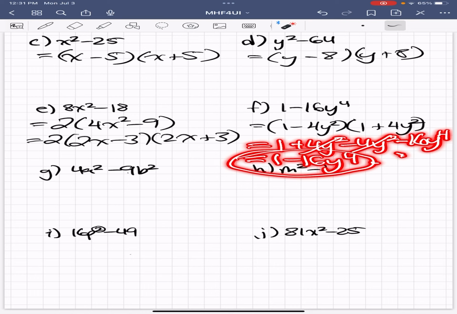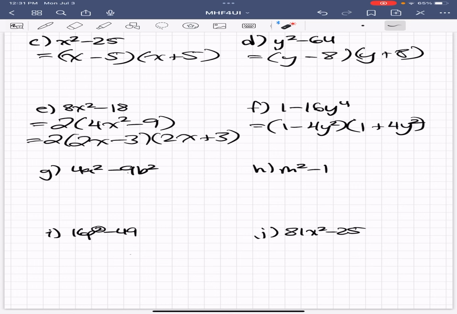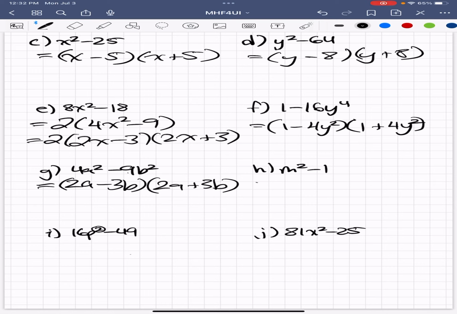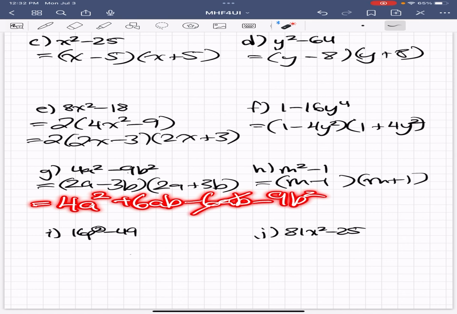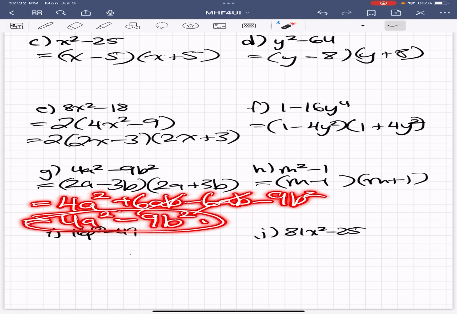And we end up with the original expression. And we get the original expression.